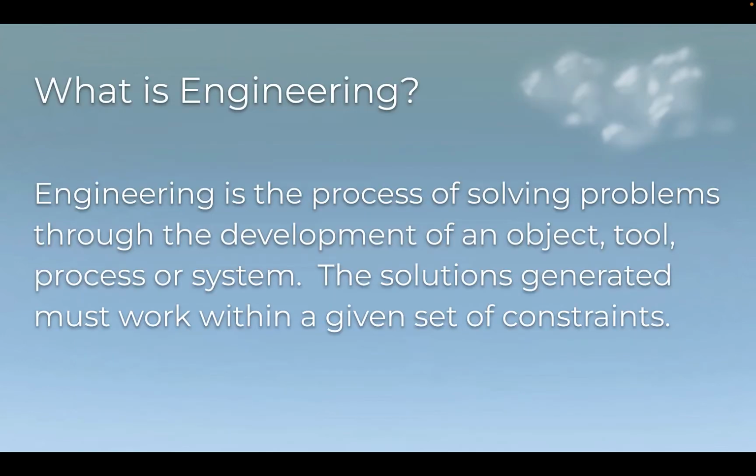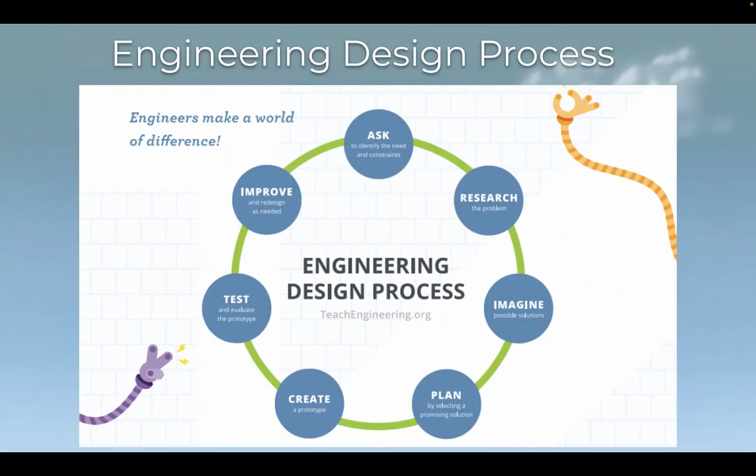All right. So what is the engineering design process? So all engineers go through a particular cycle, and there is no technical start or end to this process, but it will often start with the ask phase, where there is some sort of identification of a need, and then figuring out what the constraints are around that need, and then you go into the problem-solving process.